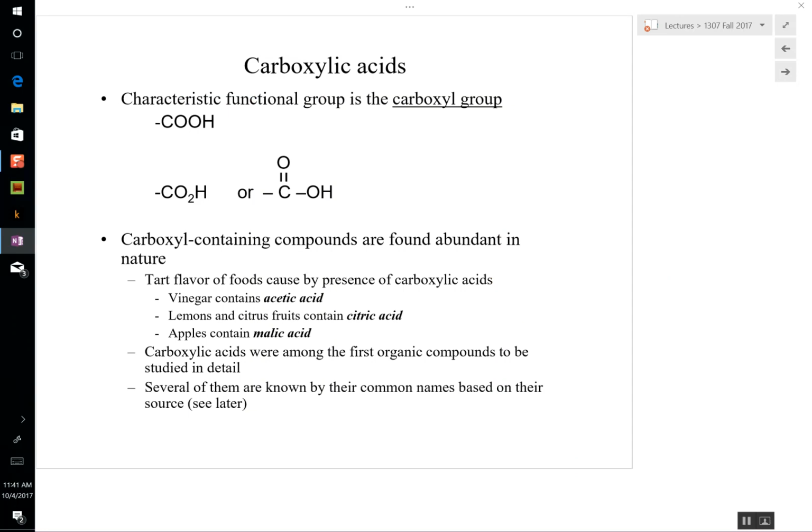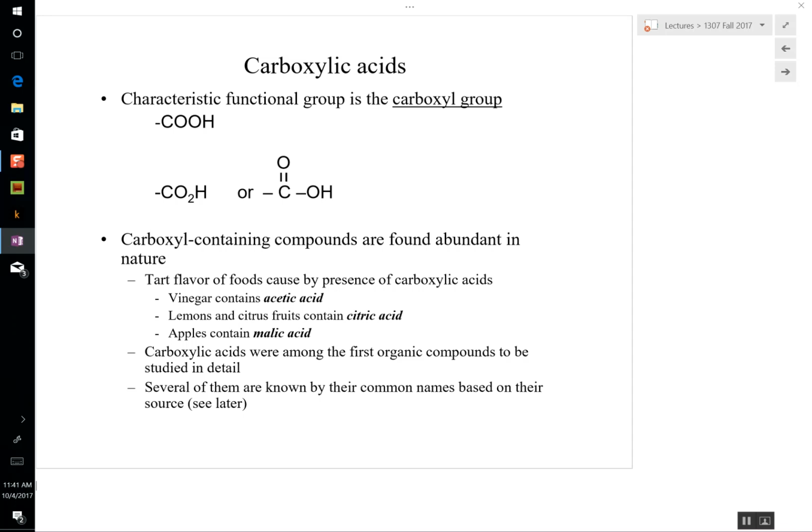A chemist probably doesn't like that because if you don't notice that hydrogen right away, you think you're talking about carbon dioxide. This isn't carbon dioxide. It's carbon, oxygen, oxygen, hydrogen. So you have a carbon-oxygen double bond. You have an OH on the same carbon. So that's not an aldehyde and an alcohol. That's a carboxyl group.